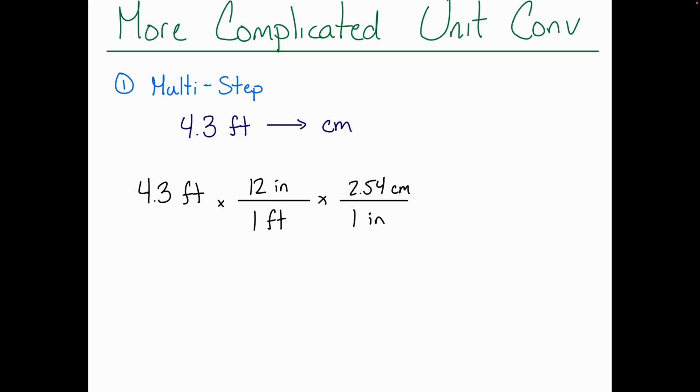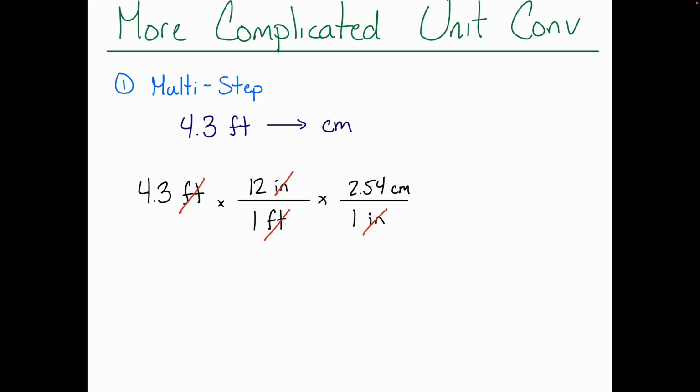This one was the one I highlighted in orange. This was the one I got from what I highlighted in green on my table. And I can tell it's set up correctly just like before. Feet cancels out with feet, inches cancel out with inches, and I'm left with units of centimeters.